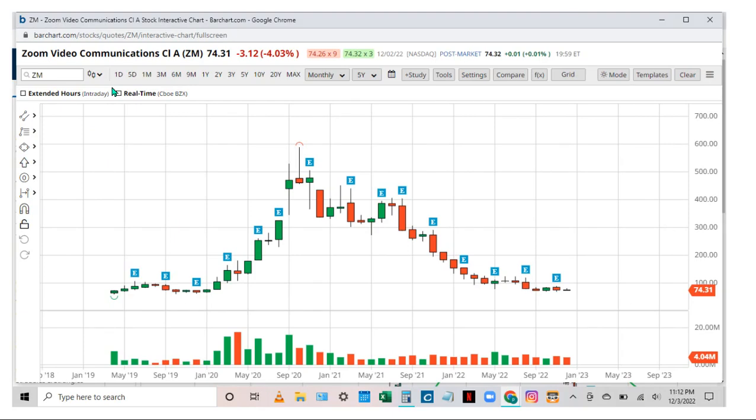Here is a very clear example of the 4 market stages. This is a 5-year monthly chart. Each bar is a month of Zoom Video Communications, symbol ZM. So you can see very clearly the 4 stages on this chart. So it's a real thing. It's not something that I made up. It doesn't come from numerology or astrology or Buddhism or something like that.